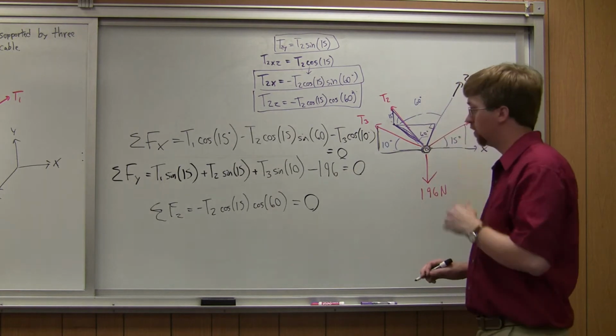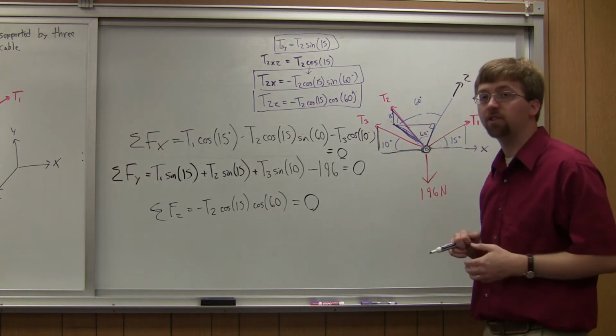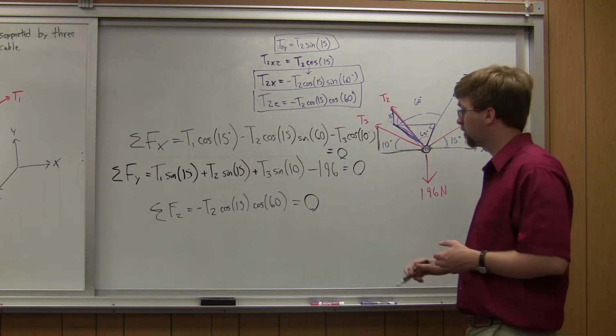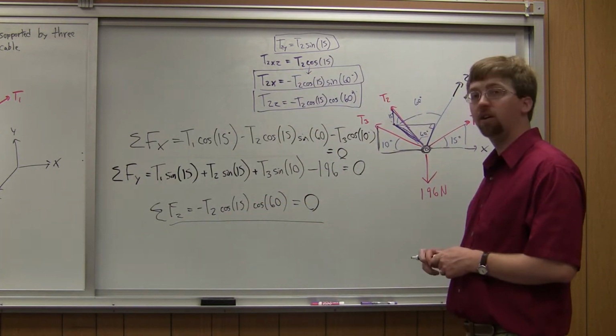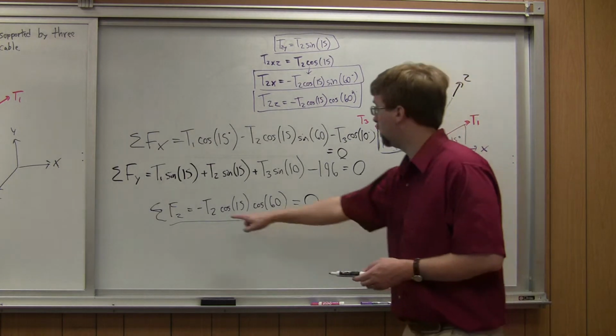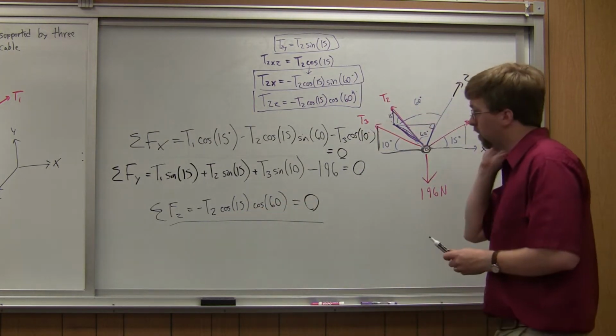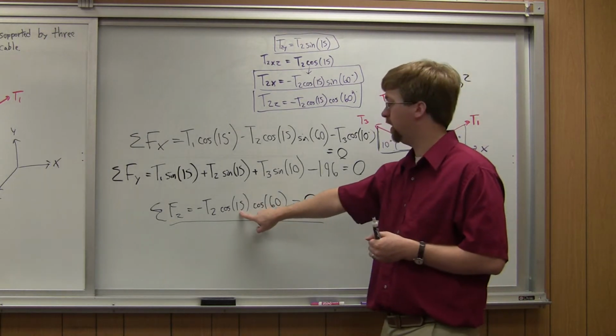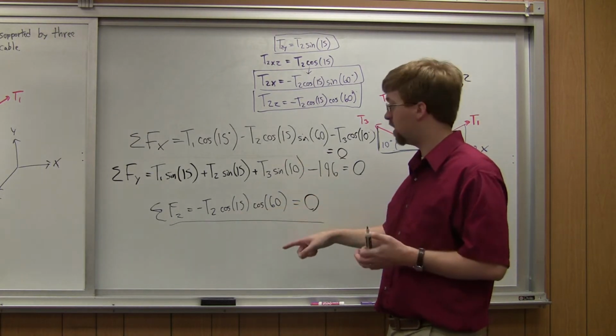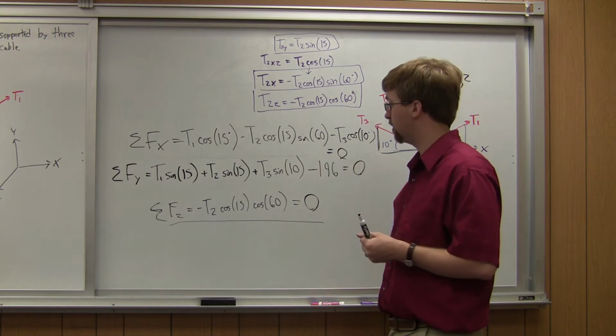All right, so which of these equations do we start with? Well, we're going to start with this bottom equation down here because it's only got one unknown in it. It's only got T2. And so with that, I actually can pretty quickly solve this. So cosine of 15 is a number that's not 0. Cosine of 60 is also a number that's not 0.